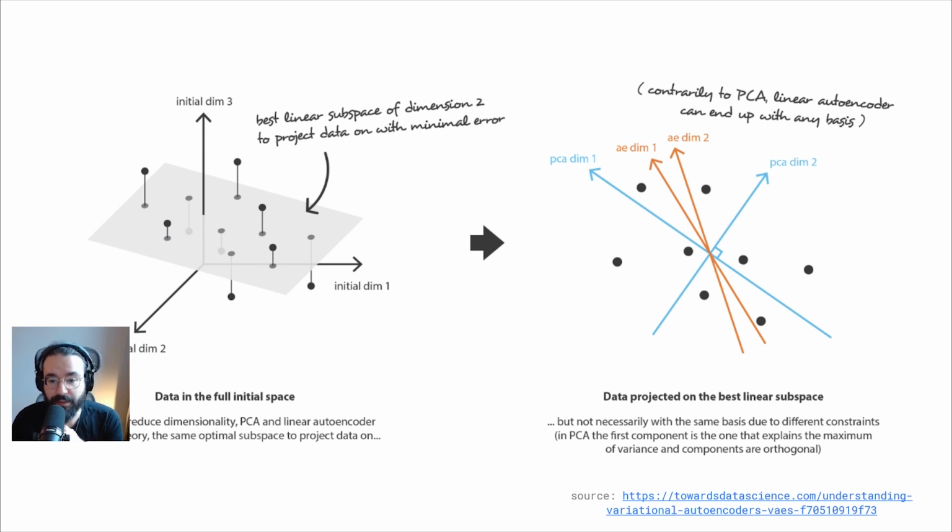Principal component analysis is great, but it has one feature that is not always preferred. And that is, in principal component analysis, the dimensions are orthogonal to each other. In autoencoders, though, we do not have to have dimensions orthogonal to each other. We could have arbitrary dimensions, which can be useful in certain applications.